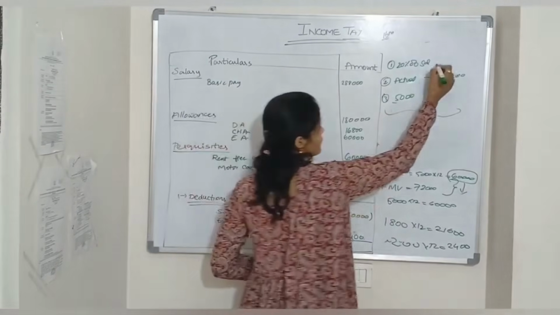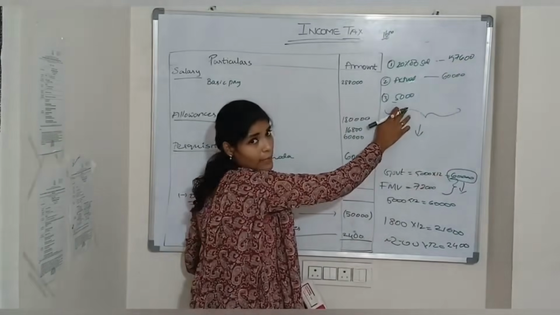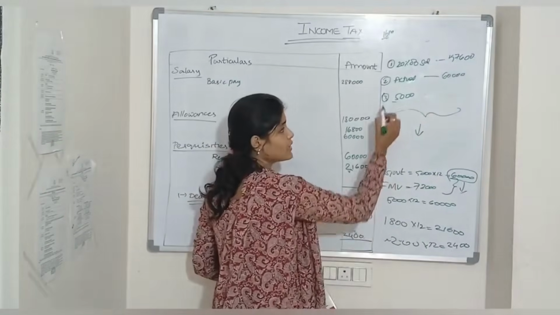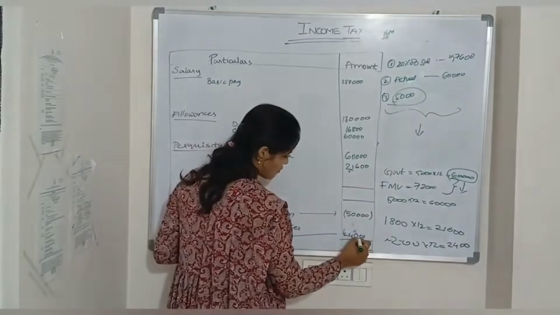It will be 57,600. Out of these 3 amounts, whatever is the least amount, this is the least amount. ఆ లీస్ట్ అమౌంట్‌ని మాత్రమే ఇక్కడ వేసుకోవాలి.